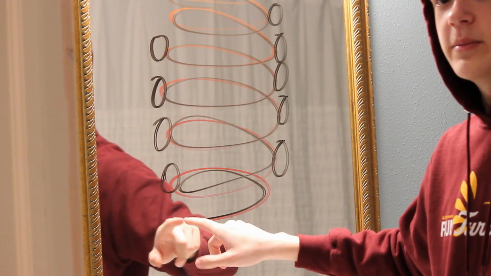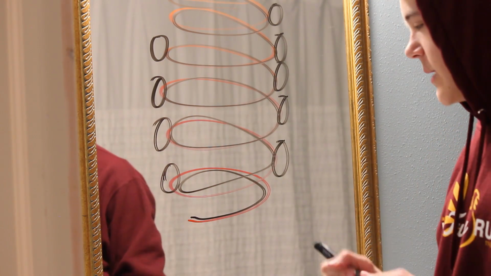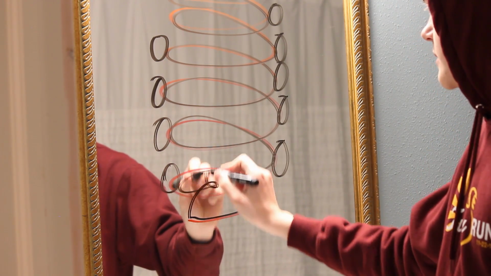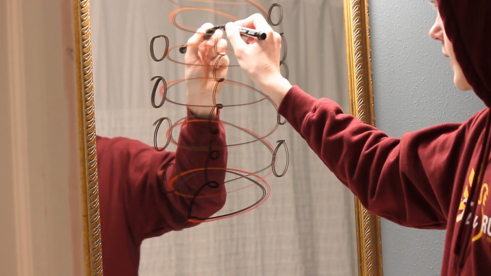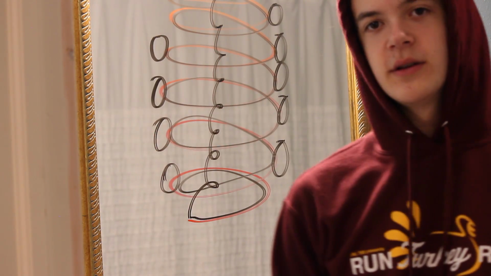So while that's happening, the water needs to come back up, and that's going to happen through another sort of spiral, sort of like a drill or like an auger kind of.